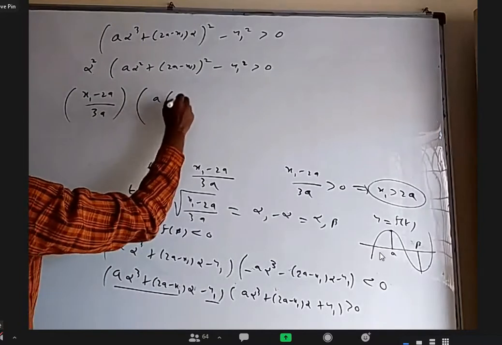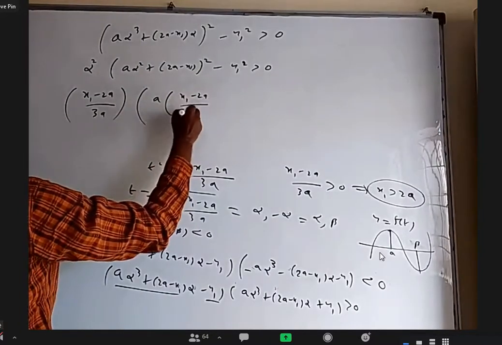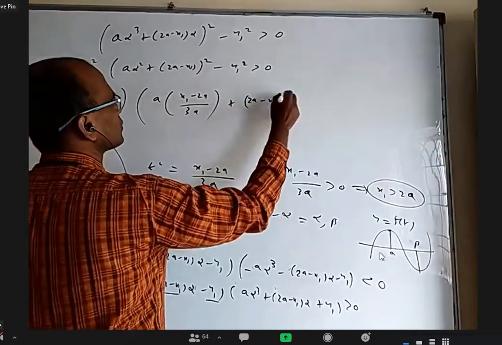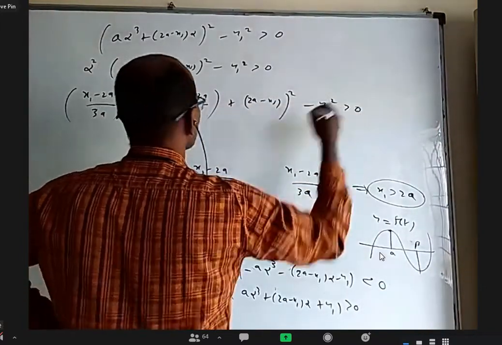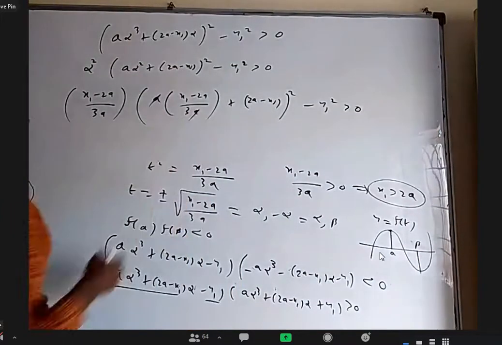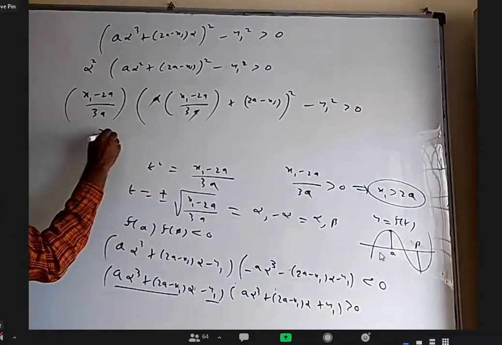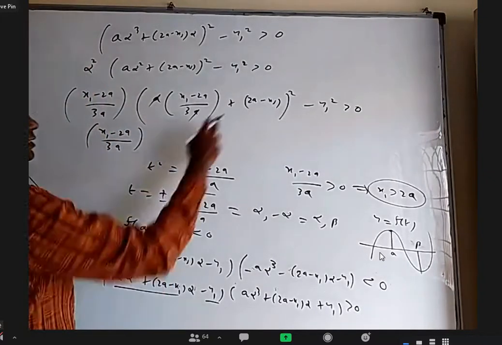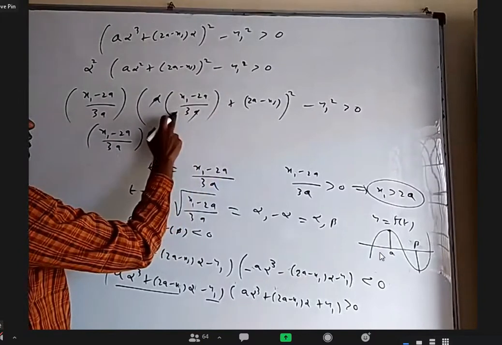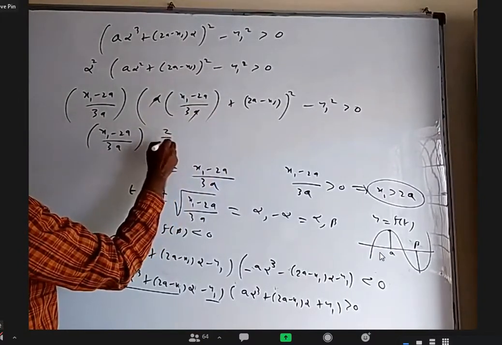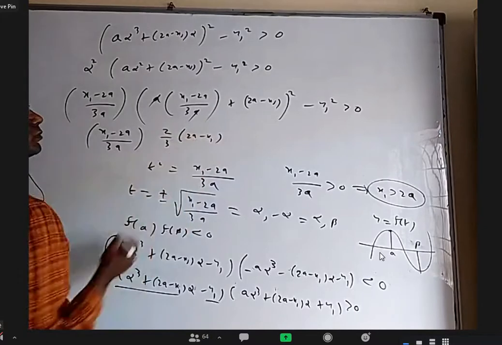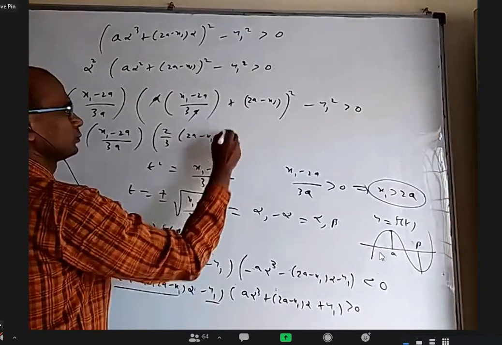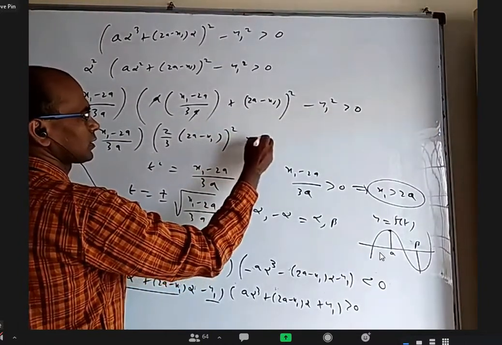This is a into x1 minus 2a by 3a plus 2a minus x1 whole square minus y1 square greater than 0. This a and this a I can cancel. This is x1 minus 2a by 3, and this is 1/3 of that with opposite sign. So I think it will become 2/3 of 2a minus x1. So this is k, this is minus k by 3 whole square, greater than y1 square.